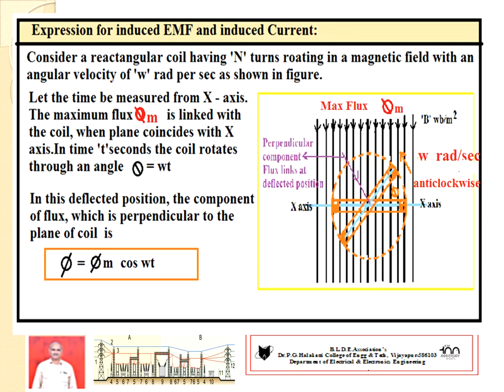At position theta, theta equals omega t. Now the flux linked with the coil perpendicular to the coil is φm cos ωt. Understand? Flux linking perpendicular to the deflected position of the coil is φm cos ωt.